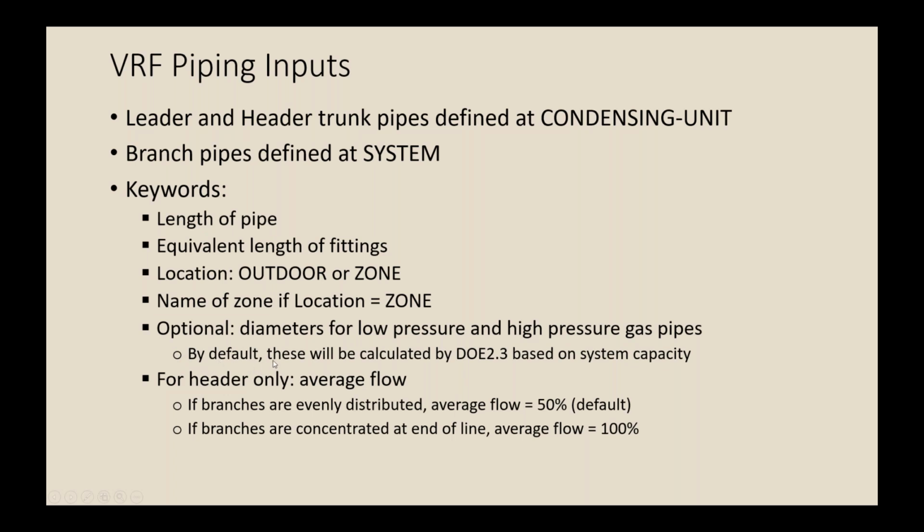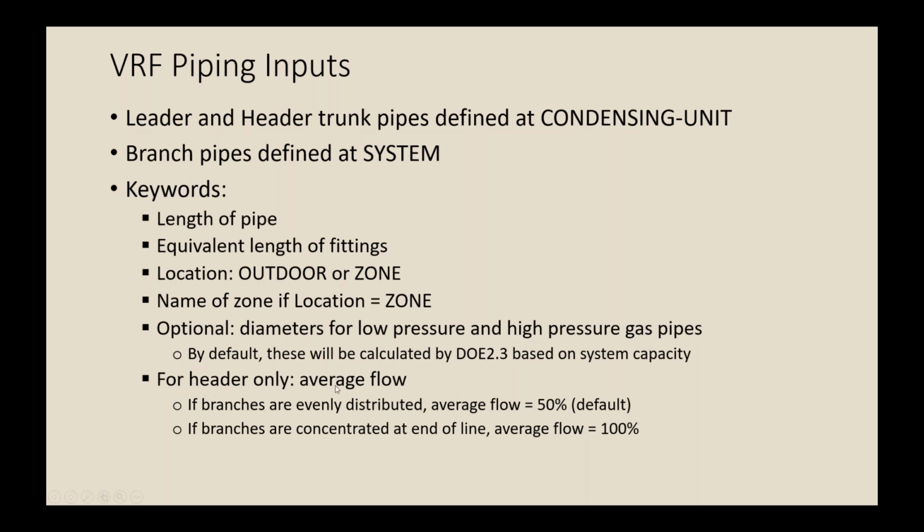And by default, those pipes will be calculated by DOE23 based on the system capacity and using industry standard rules for sizing those. And that's probably the safest thing to do to make sure you don't get weird piping sizes that overestimate or underestimate your losses. The biggest risk is overestimating the losses due to pipes that are too small.